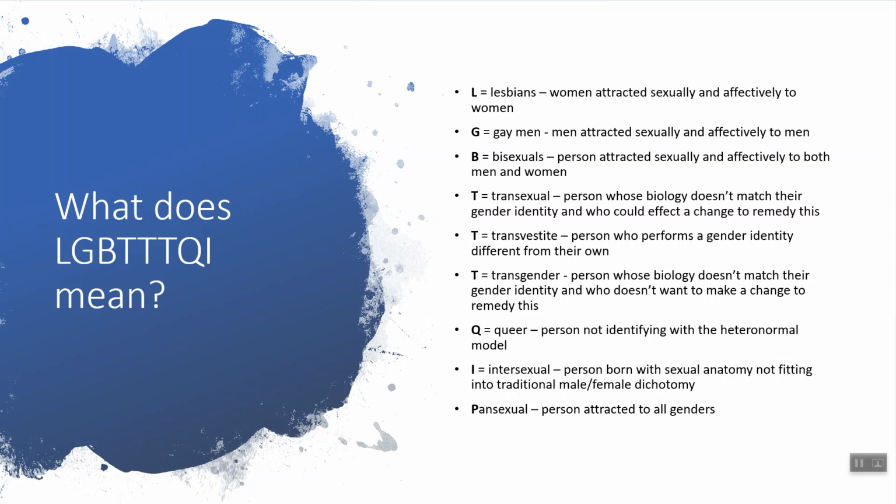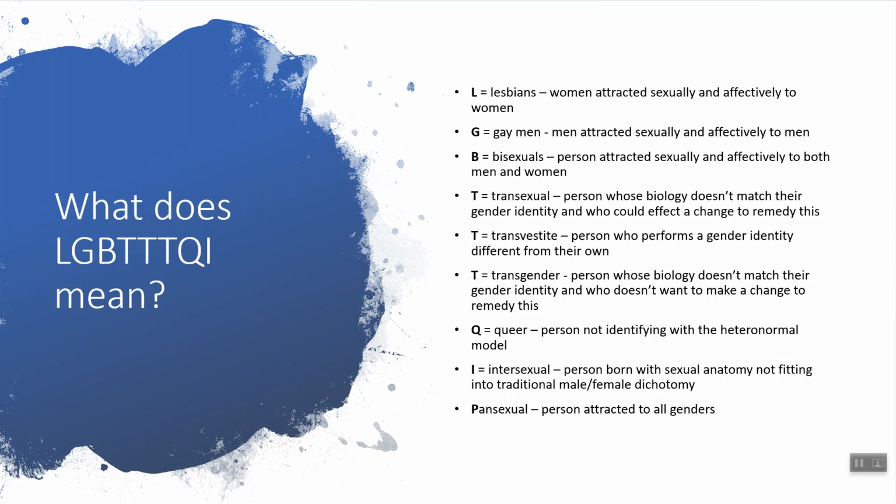But outwardly, through the way they dress, through the way they cut their hair, they project an image of a gender identity that is different from their own. But they don't want to change their gender identity. They're happy with their gender identity. The only thing that they do is they outwardly perform, they look as if they have a different gender identity from their own.